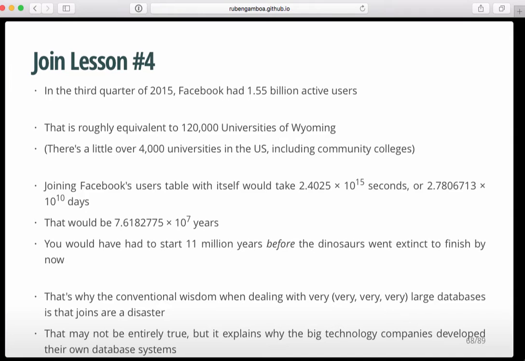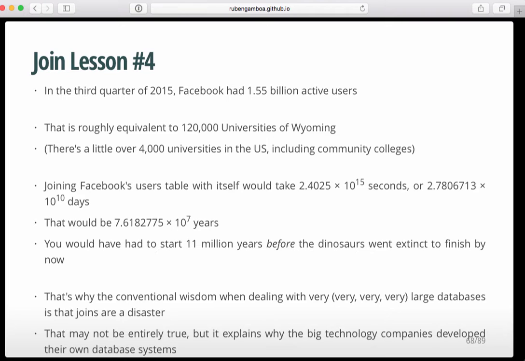Okay, that's about 7.6 times 10 to the 7 years. All right? I can start making sense of that. That's actually 76 million years. The dinosaurs were wiped out 65 million years ago. So you would have to have started 11 million years before the dinosaurs were wiped out to finish joining Facebook's user table with itself. That's just not going to happen.